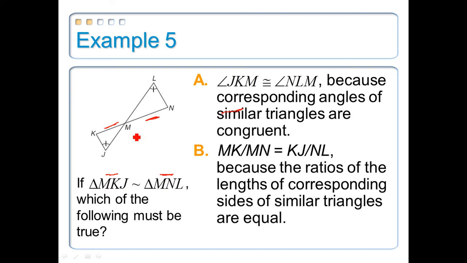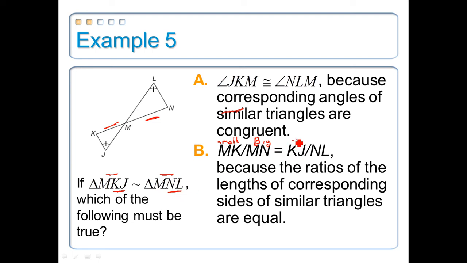They said, so this is the small triangle, and this is the big one, so it's small triangle divided by big. So is KJ in the small triangle? Yes, it is. And KJ is second and third. So we want to look here at NL, second and third in the big triangle. Is NL? Yes.